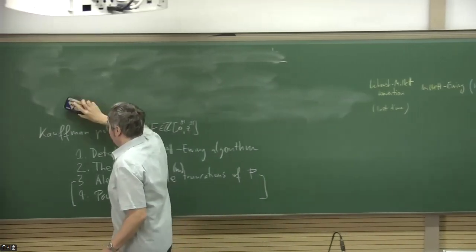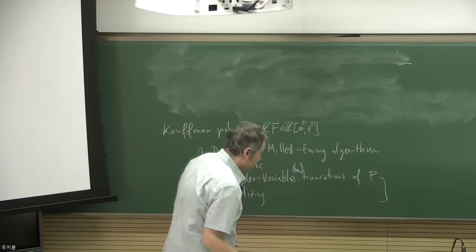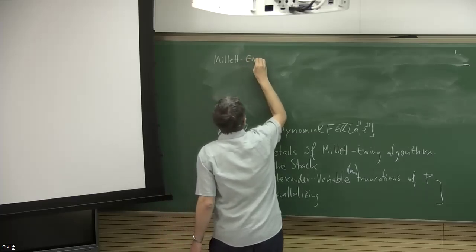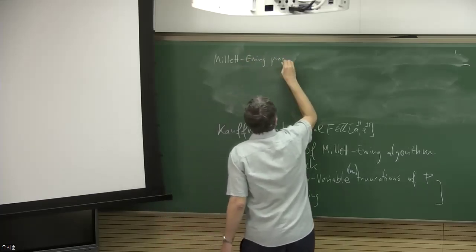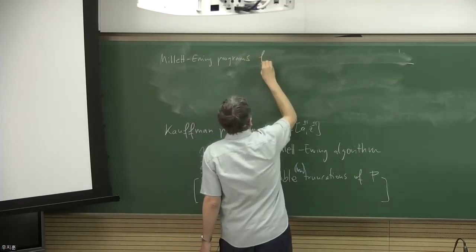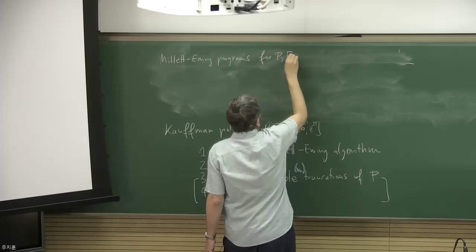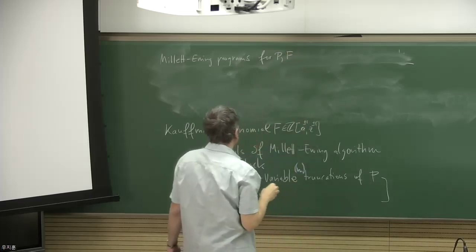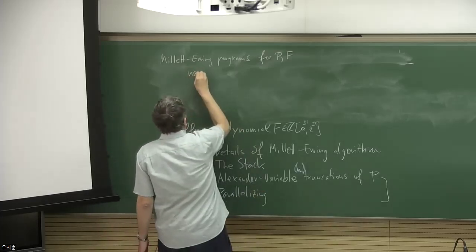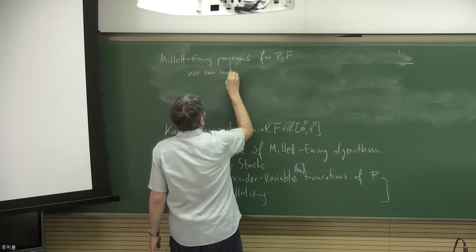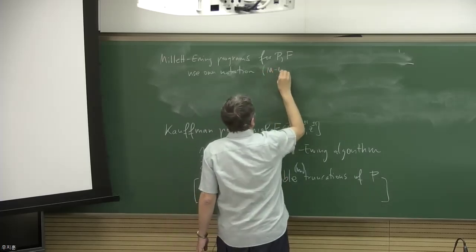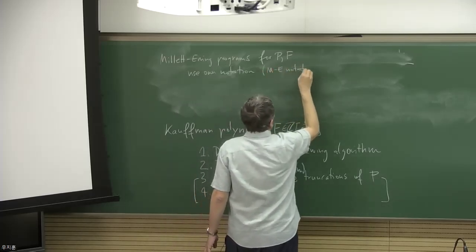The Millett-Ewing programs were designed to calculate the HOMFLY and the Kauffman polynomial, and they use their own notation, which I call the Millett-Ewing notation.